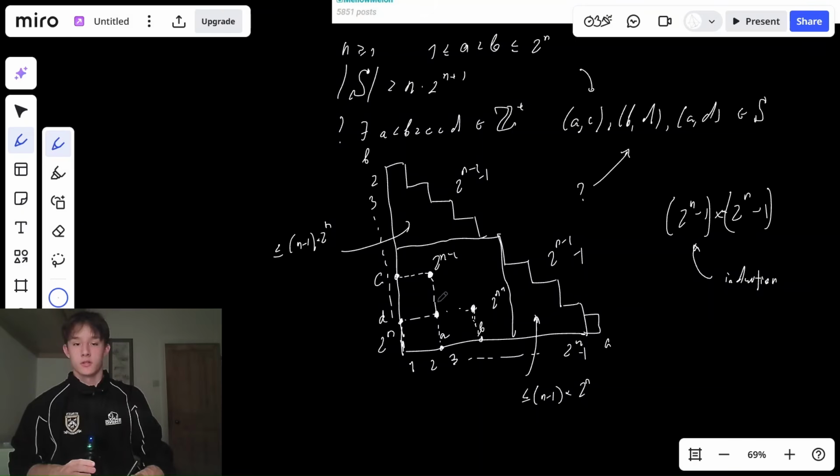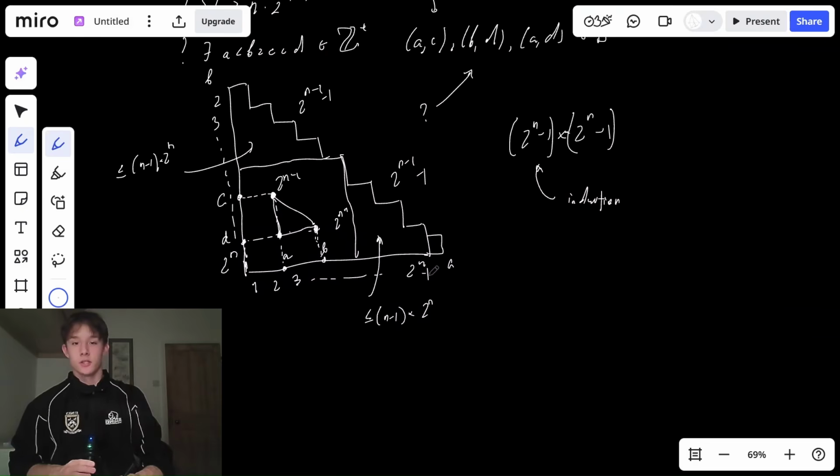And then we have a and d. And we notice that there is this nice triangle essentially forming. So essentially, we want to find a triple that looks like this.